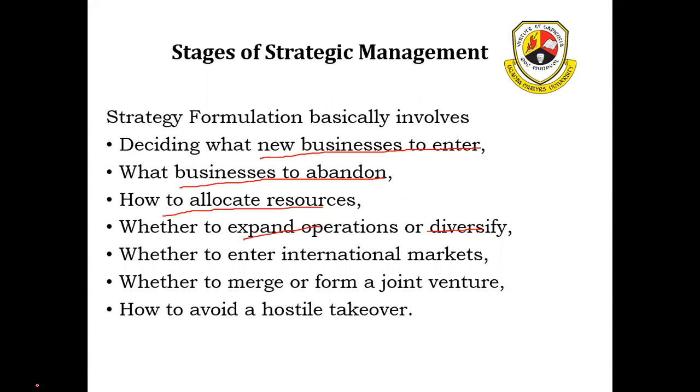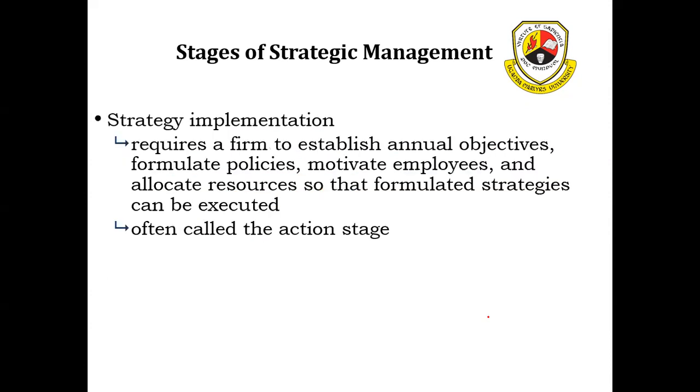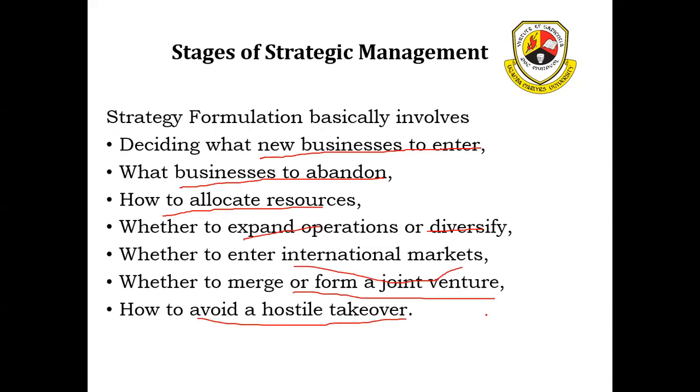Allocating resources means we want to grow. We are looking at new markets. Or can we have a joint venture? How do we avoid a hostile takeover? So these are essentially things that will guide you into growth.